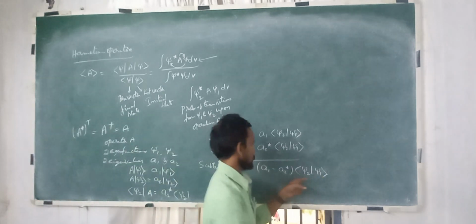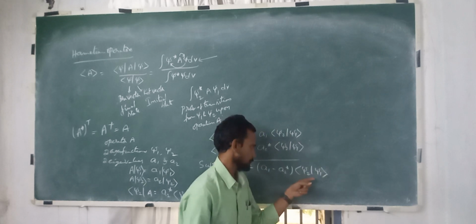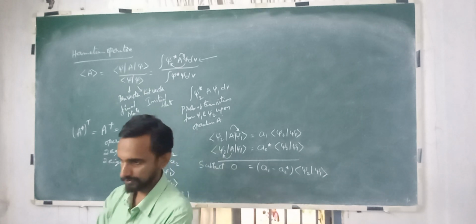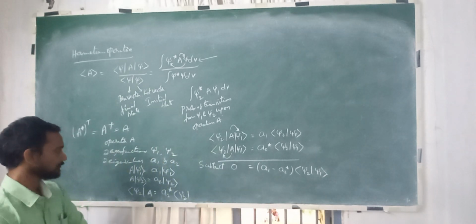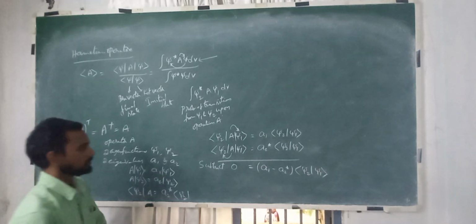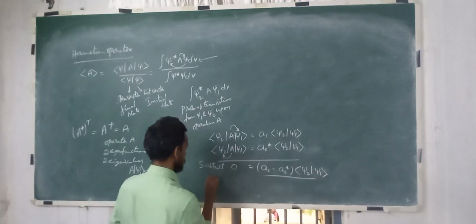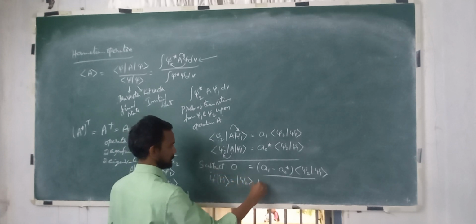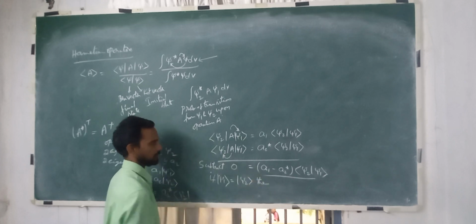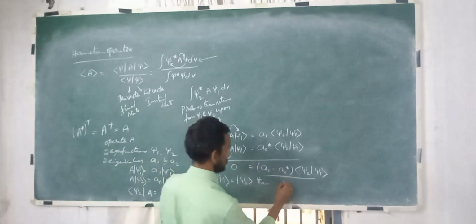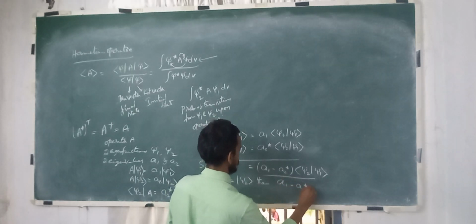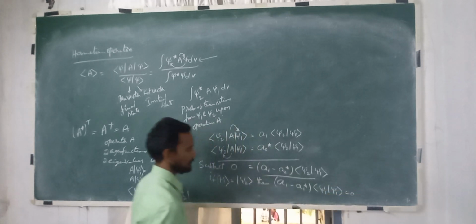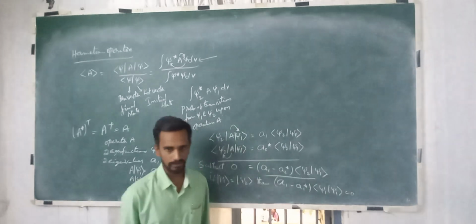I don't know about this product, right? What do I get if the initial state is psi 1 and the final state is psi 2? So in this equation, if psi 1 is equal to psi 2, that equation becomes a1 minus a1 star times psi 1 psi 1 is equal to 0, and this product is not 0 because psi 1 state exists.